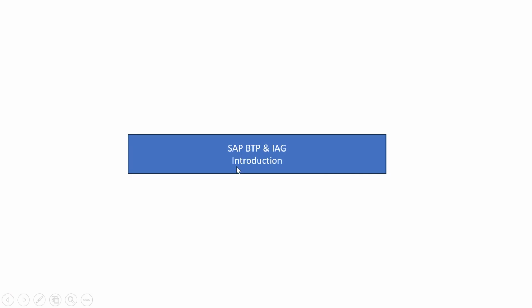Okay, so SAP BTP and IAG. SAP BTP stands for Business Technology Platform, and SAP Cloud IAG stands for Identity Access Governance. It is very similar to SAP GRC Access Control, and the name itself, Access Governance, is very related to SAP GRC Access Control, which we will discuss in detail.